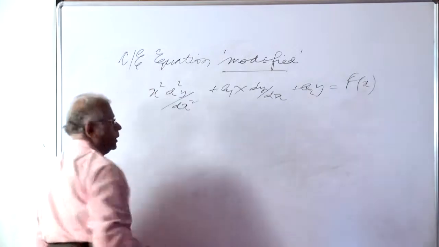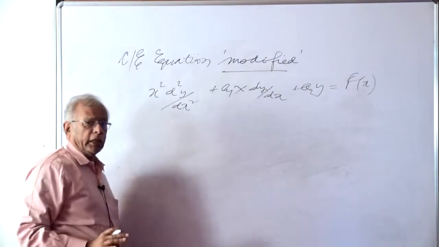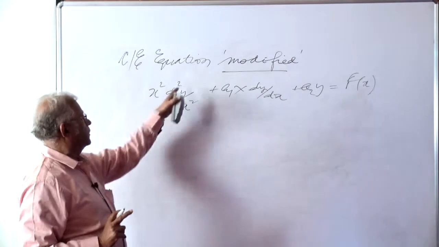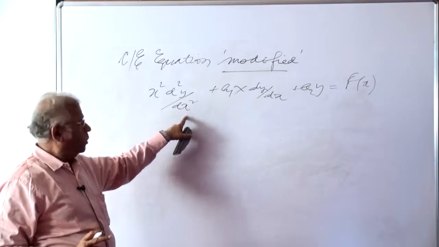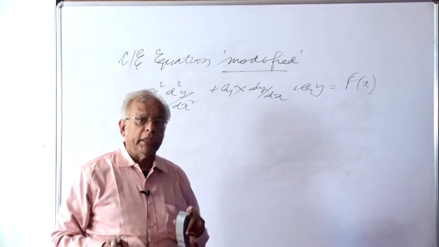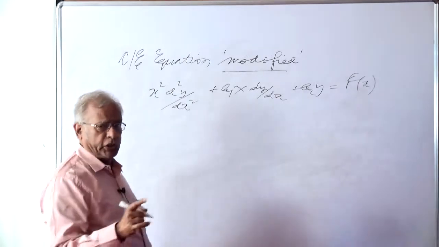Now the substitution we are going to use is very simple. We have to observe that the function we are looking for as a solution is y as a function of x. So y is the dependent variable, x is the independent variable, and we are looking for a solution of y in terms of x.